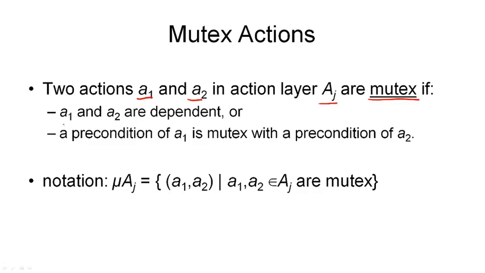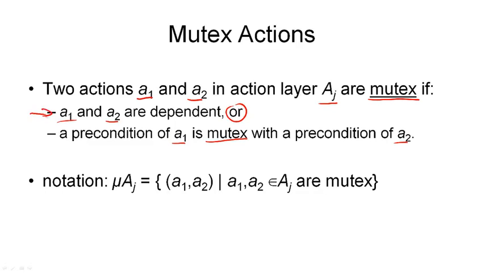Firstly, if A1 and A2 are dependent, so if the dependency we've defined earlier holds between these two actions, then they're also mutex. Or a precondition of A1 is mutex with a precondition of A2. If there are preconditions that are mutually exclusive, then the two actions are also mutually exclusive. And these are the only two reasons why two actions in the same action layer may be mutually exclusive.